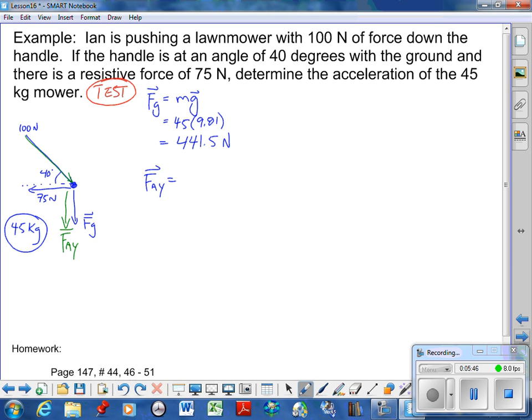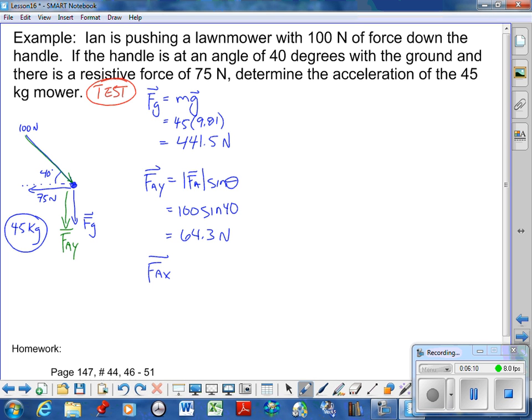So FAY would be, the formula is the magnitude of the applied force times sine theta. So 100 sine 40. 100 times sine 40 equals 64.3 newtons. We also need to know FAX.